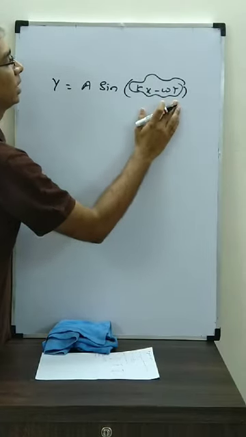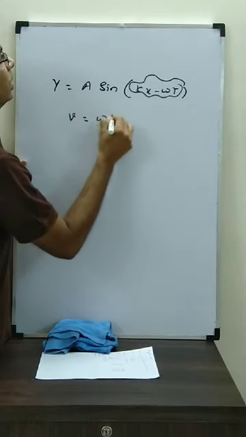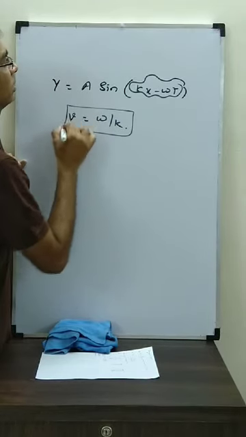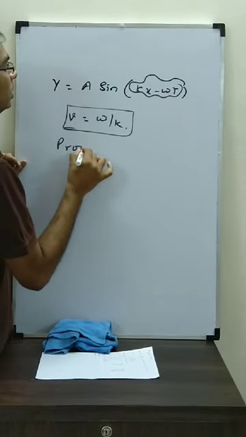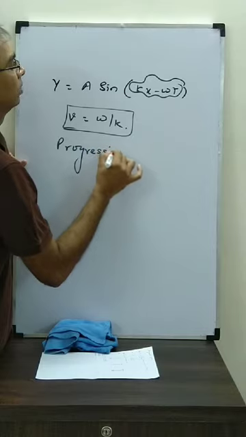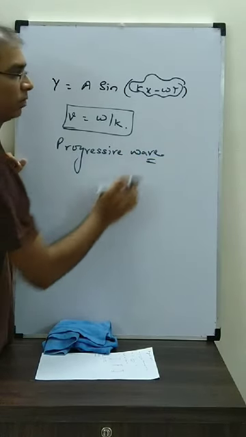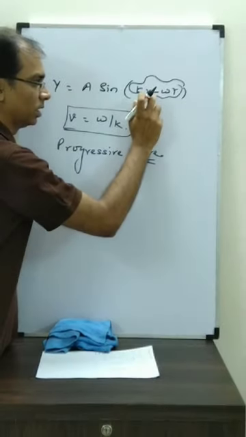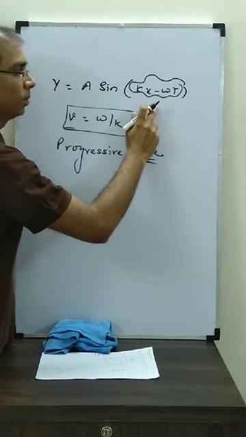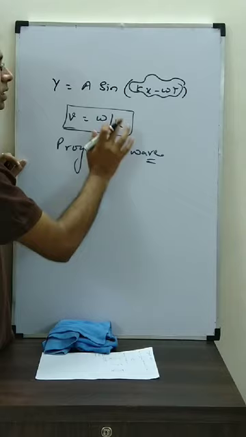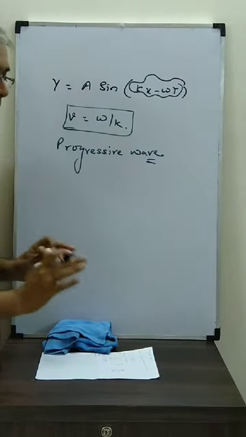If this form is there, then only we can say it's a progressive wave. It is having velocity. If this form is not given, then we cannot say whether the wave is progressive or not. For a progressive wave, this phase is necessary. So if it is having it, we can say this is a traveling wave.